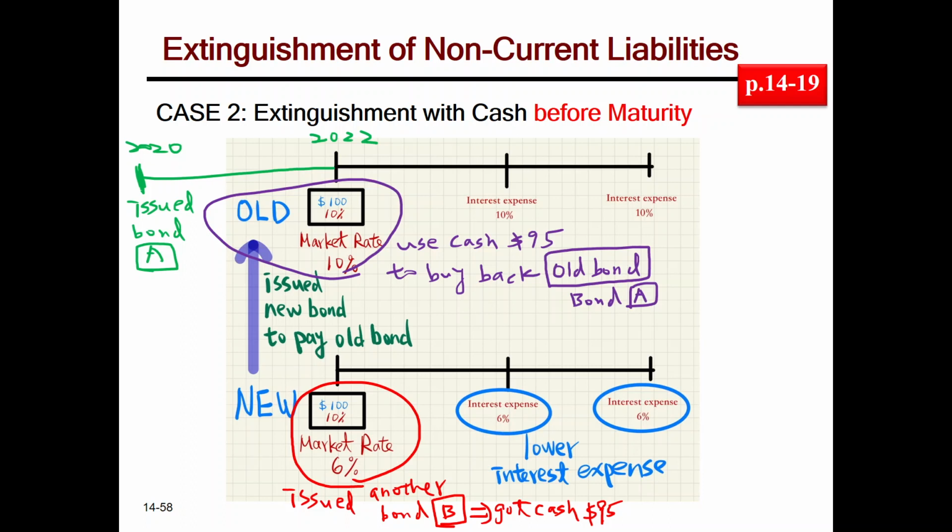When you find out the market interest rate decreases, the interest you have to pay decreases. So I of course issue a new bond with a lower interest rate to buy back the old bond with a higher interest rate. Then for the following years I just pay lower interest expense.